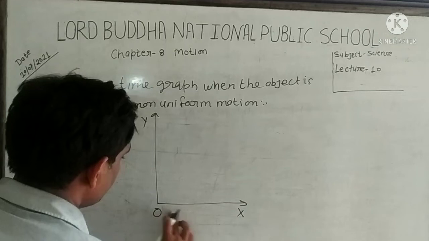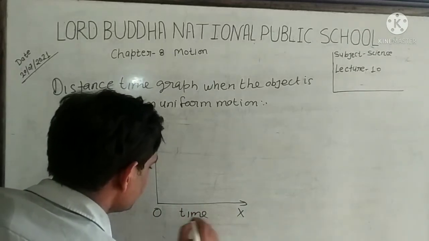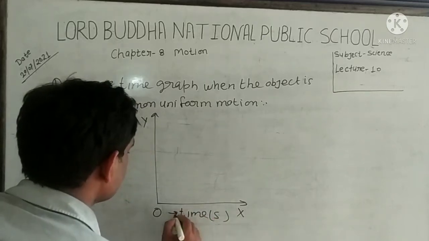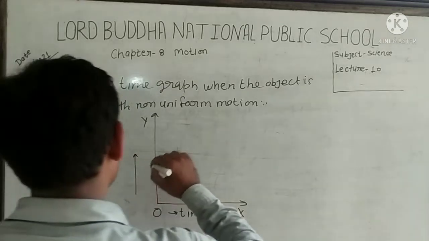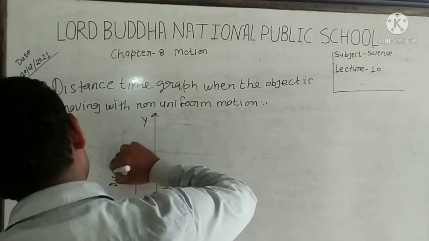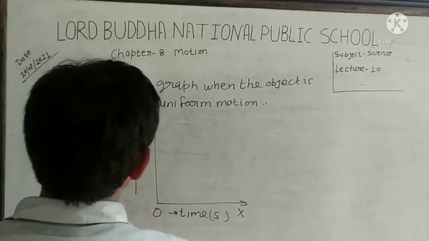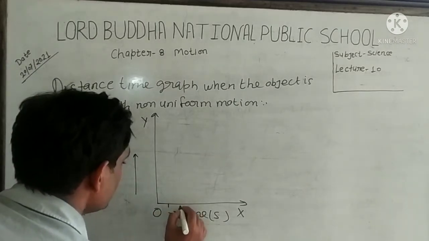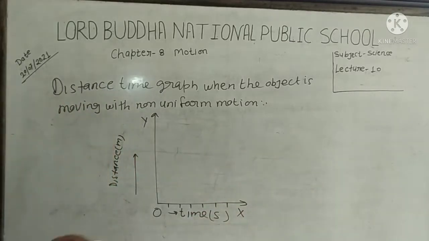We take time in seconds at the x-axis and distance in meters at the y-axis, because the object travels different distances in equal intervals of time.